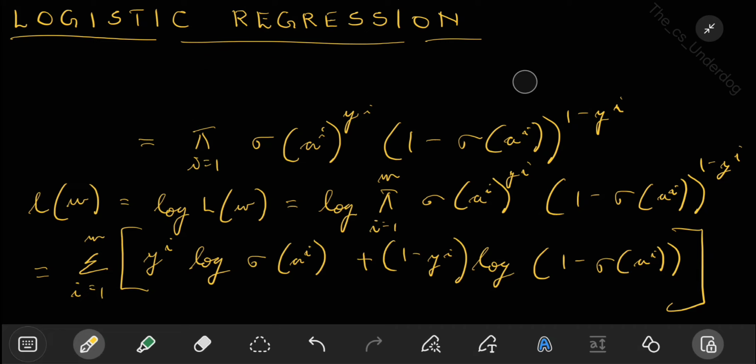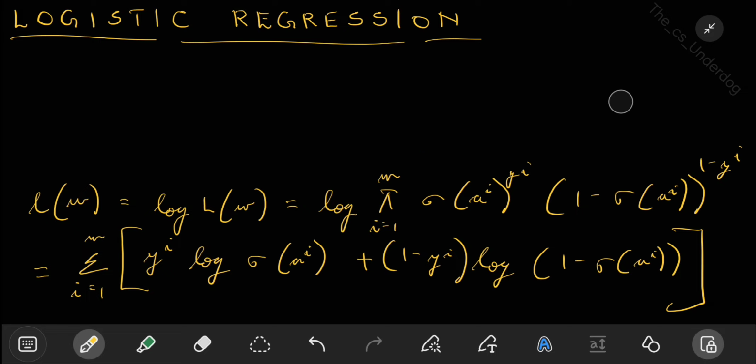So now you have the log likelihood. What is the next thing? You want to maximize this log likelihood. We took log just to make the computation simple, and now you have to maximize this. But generally, with the cost function, you minimize the cost function. You generally don't maximize.